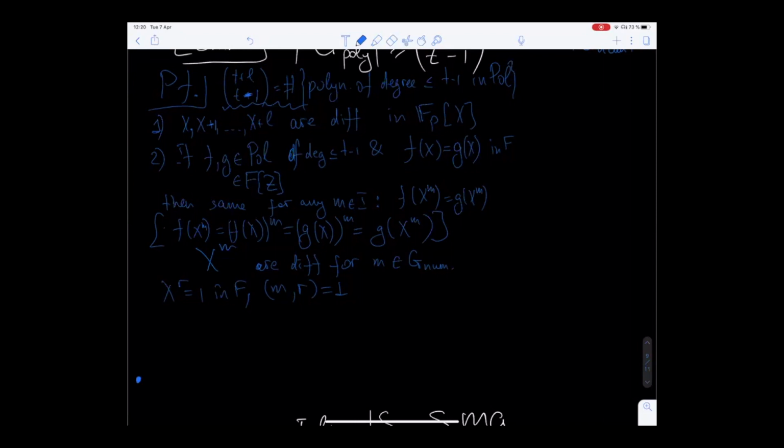Thus, from here we get that g has that many roots for the polynomial f of z minus g of z.